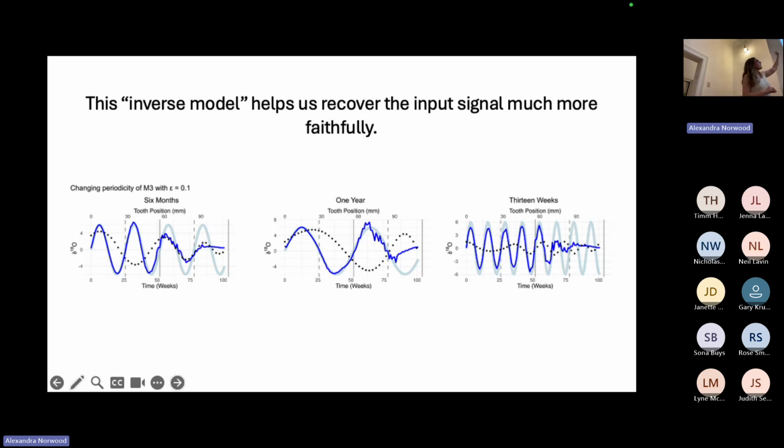We can get, especially in the first 50 weeks of tooth growth, a really good estimate of what the input signal was.